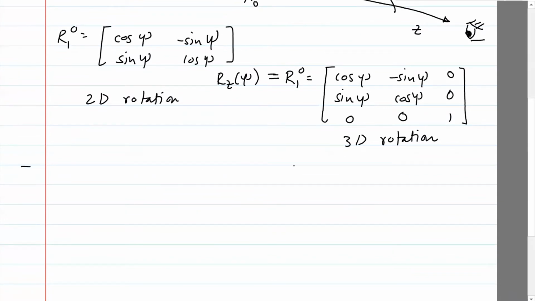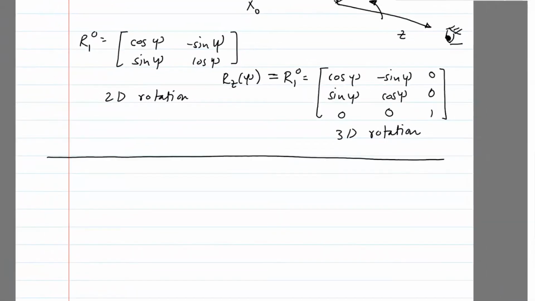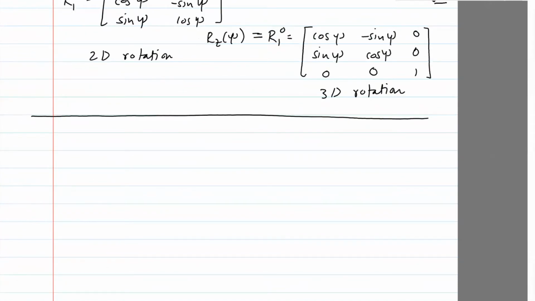Now, similar to this rotation about the z-axis, you can define a rotation about the y-axis. And I like to use theta for the y-axis. In this case, there will be a 1 right in the middle, and the other non-zero elements are the elements involving the rows x and z.